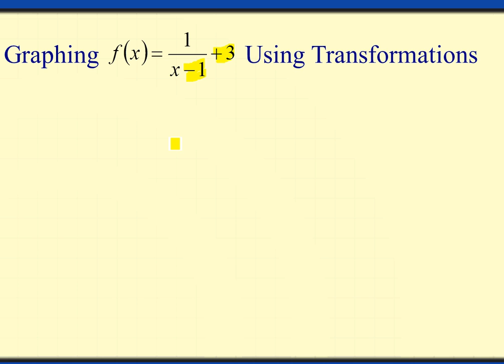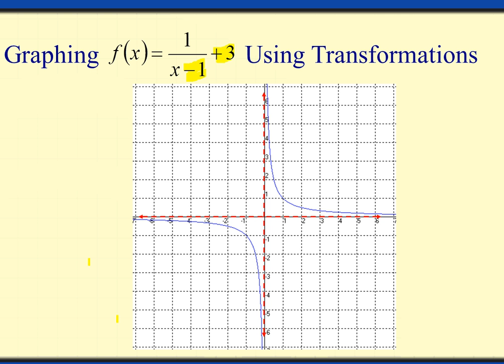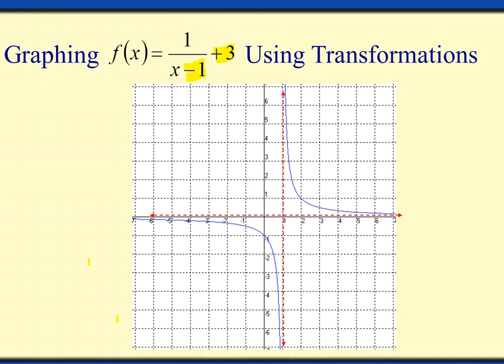Well, -1 horizontal transformation causes the graph to move right 1 unit, and +3 vertical transformation causes the graph to move up 3 units. So the idea is, if we start with the graph that we're familiar with, that's the 1 over x. If we shift it to the right 1 unit, as that -1 would tell us to do, it would look like that.